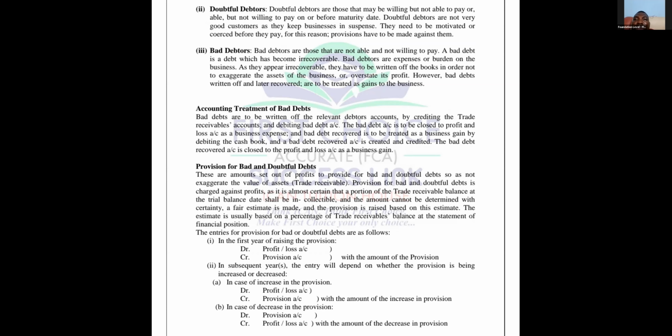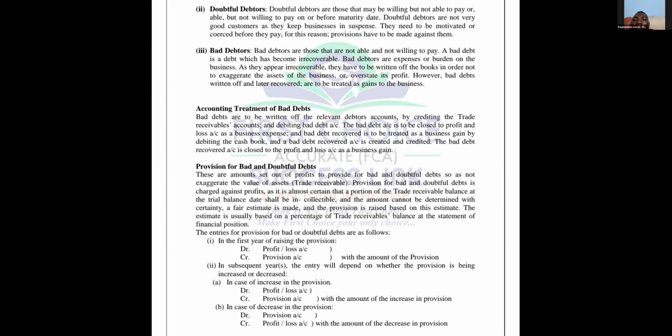The reason you are making provision is that you are trying to show, as much as possible, the true financial position of the organization at every point in time, so that it is true and fair. So you look at it: I am expecting 20,000 naira from 5 people, but the fifth person might not pay me my 1,000 naira inside that 20,000.